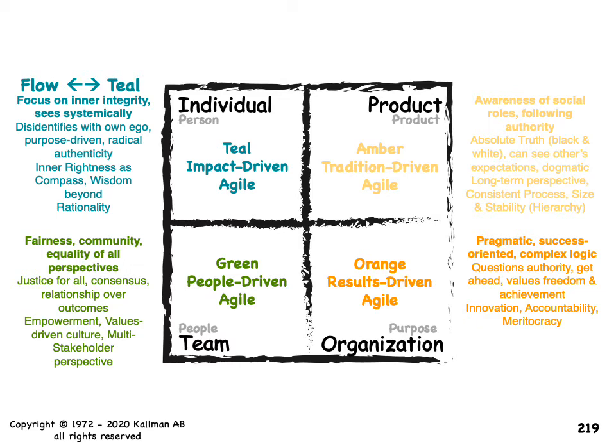Let's start in the organization corner. And this includes everybody who is working from portfolio up to directors, vice presidents, C-suite, and even the board. As I shared in the last slide, the leaders in this box tend to be pragmatic, success-oriented, complex logic individuals who question authority, they thrive on getting ahead, and they value freedom and achievement.